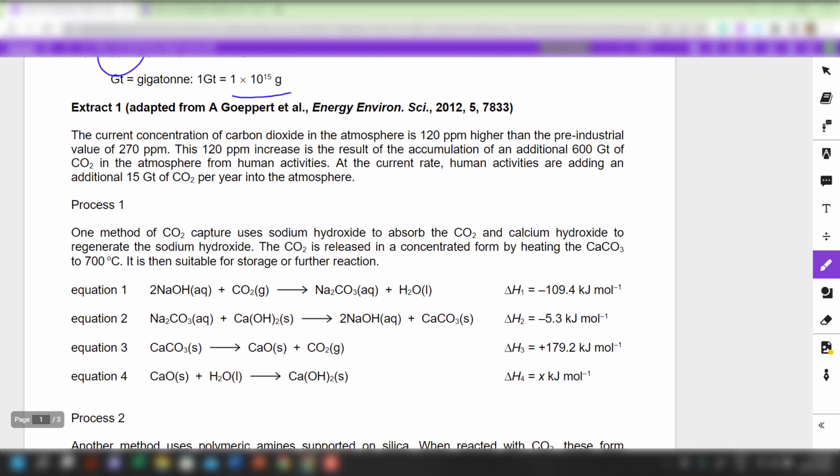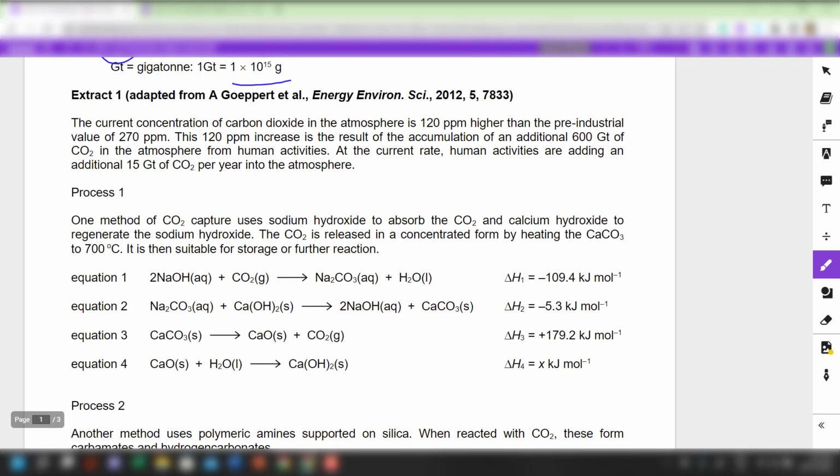The first abstract is taken from Energy and Environmental Science 2012, quite an old paper. If you look through it, they talk about the current concentration of CO2 being about 120 parts per million higher than the pre-industrial value of 270 parts per million.